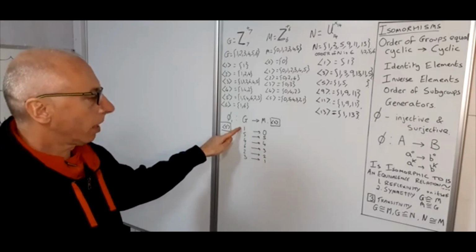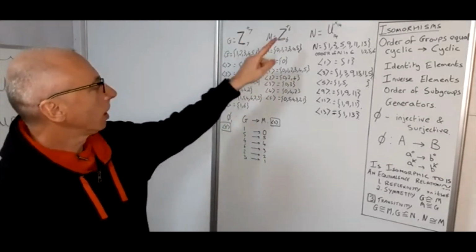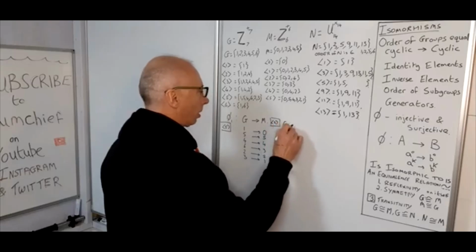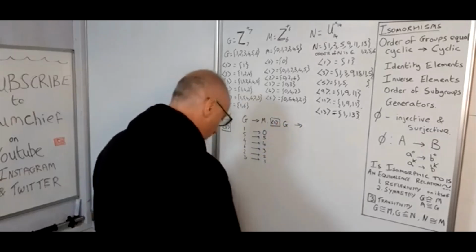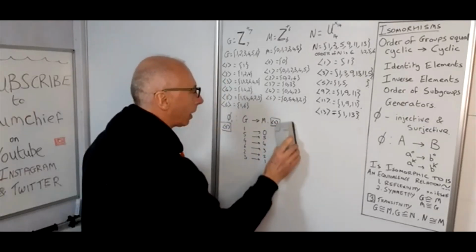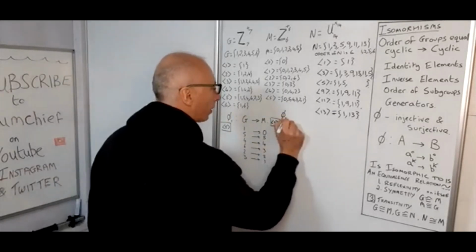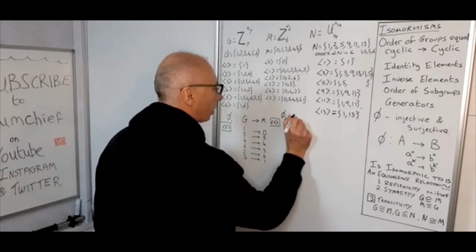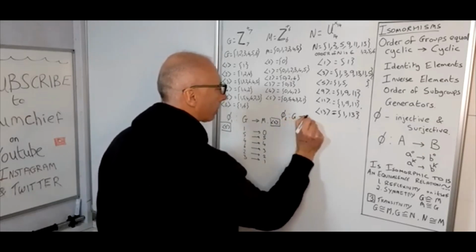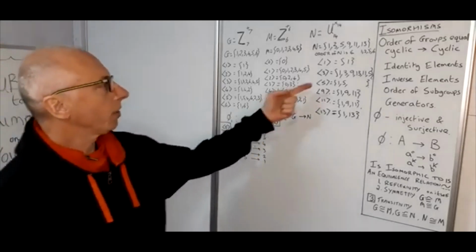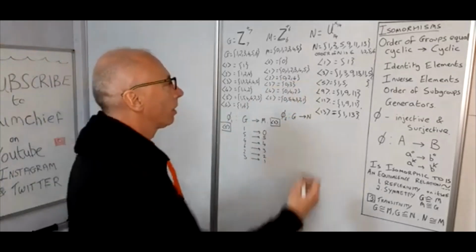Now let's make an isomorphism from G to N. So G to N. Let's give ourselves a little bit of space here to write this in. So I'm going to call this one now phi of 2, which is G mapping to N. Okay, so a generator in here we've got 3.